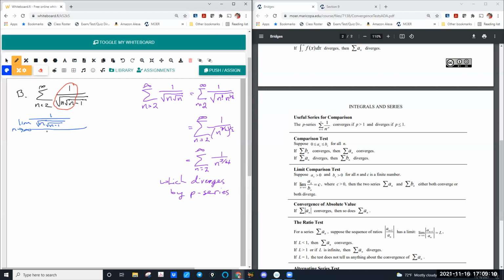This is fine, or we can write it in terms of radicals. Now, because we chose this one, because we saw this one is kind of similar to this one, we know that this comparison is going to work out. So the first thing I'm going to do is flip and multiply.